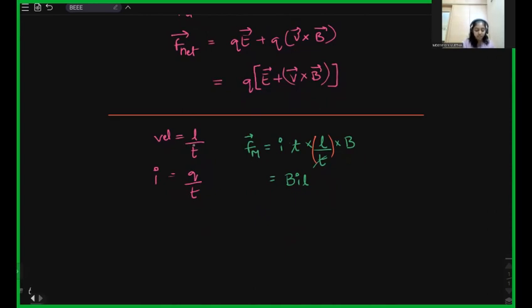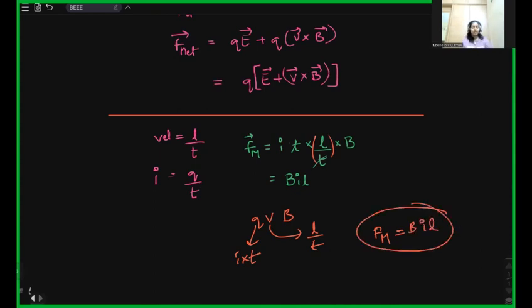Velocity is given by distance by time, where L is the length and T is time, and I equals Q by T. Substituting this in the QVB formula, V equals L by T, and Q equals I into T. Finally, what we get is Fm equals BIL. This is the equation we'll be using in further cases.